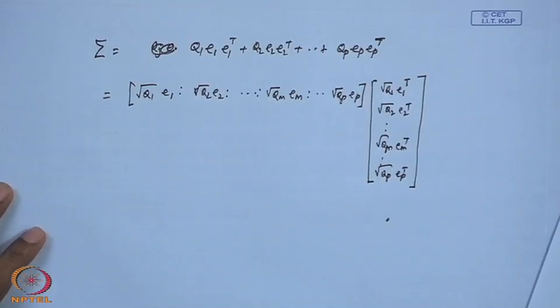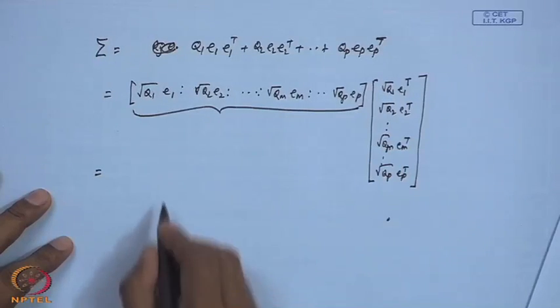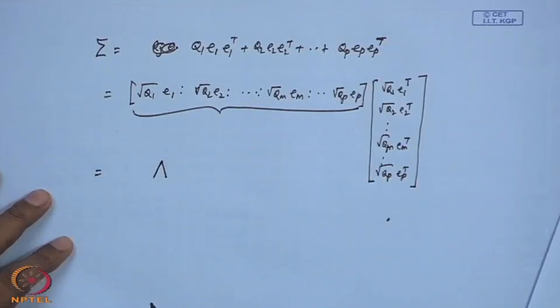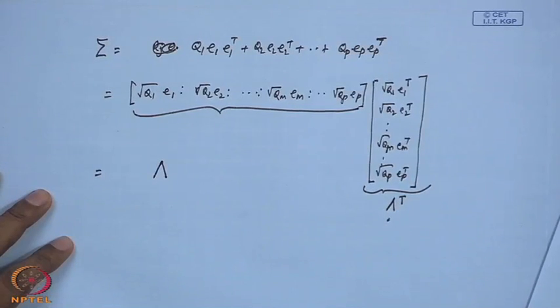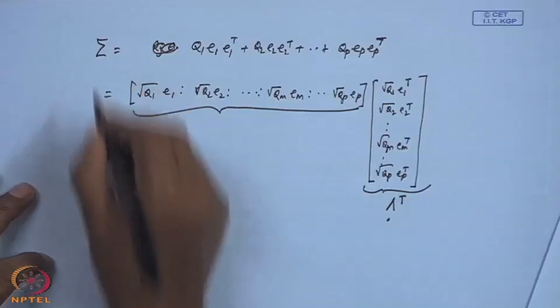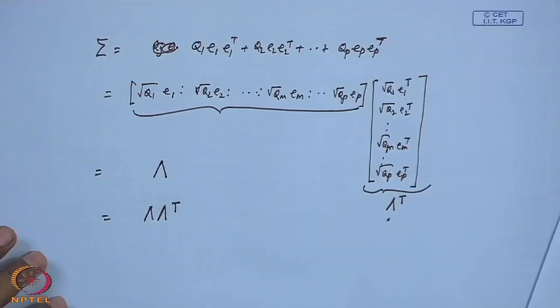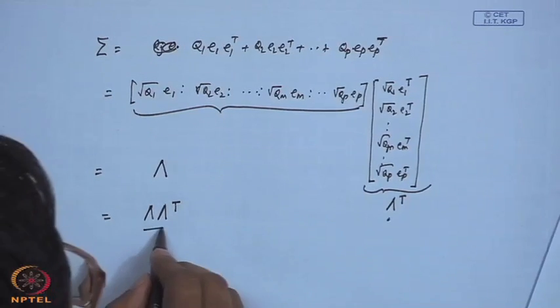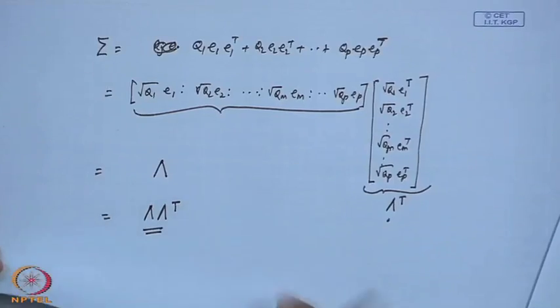Okay. So, if we denote this first portion as lambda, then this will definitely be lambda transpose. So that means essentially we are writing that sigma is lambda, lambda transpose, and it is possible. You can verify this, it is very much possible.